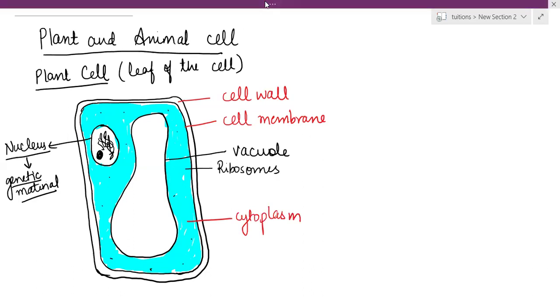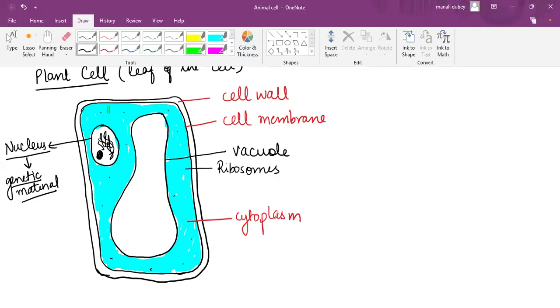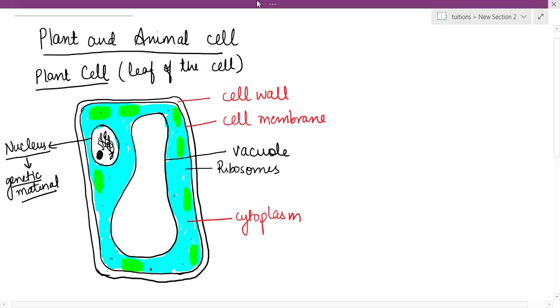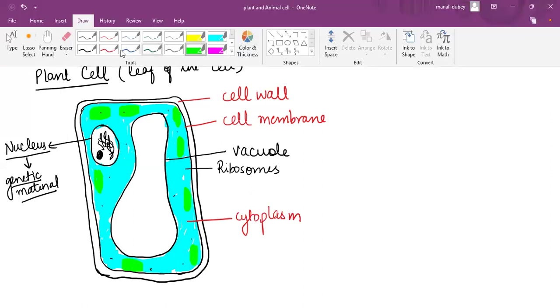And then we have these green colored organelles. It is very prominent in the plant cell and it is one of the defining features of the plant cell.